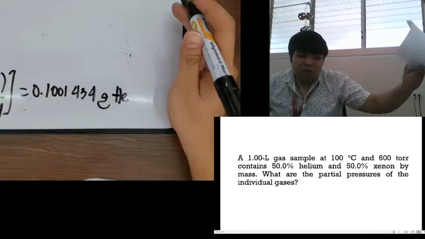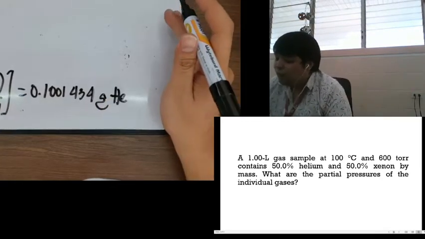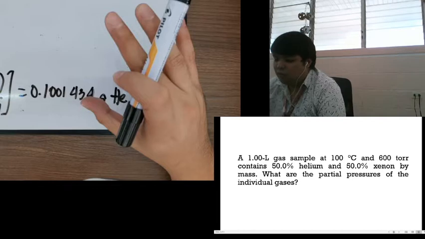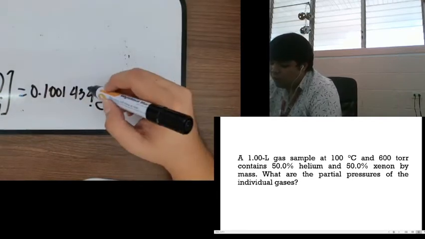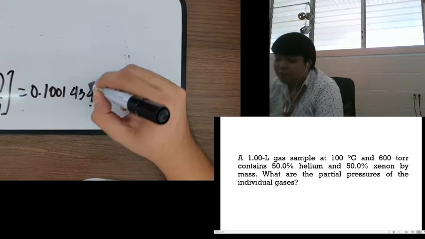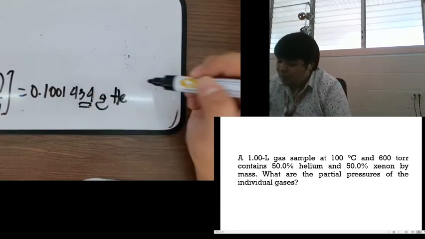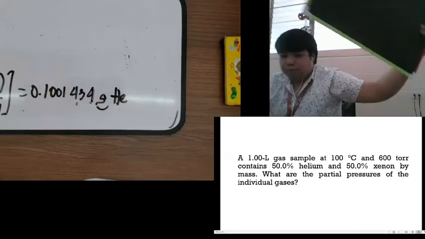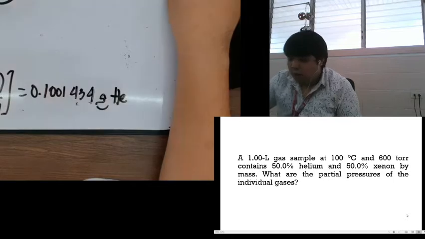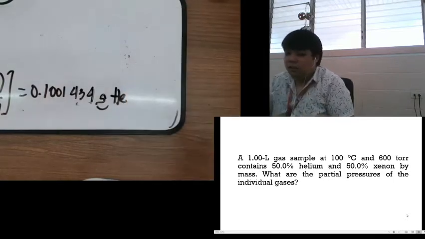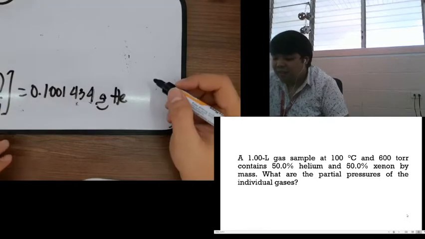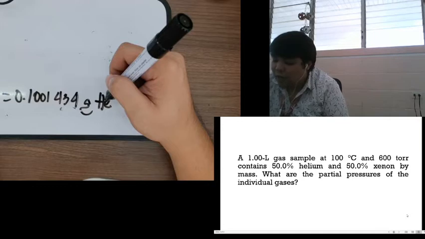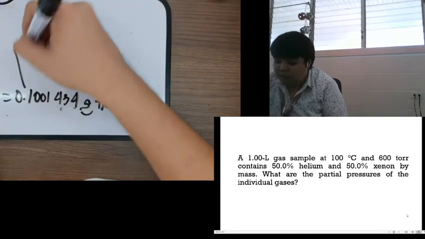In my original solution, I solved it directly, so there is only a slight difference, at most in the last two decimal places. Since we have shown earlier that helium and xenon have equal masses, this is also the value for the mass of xenon, right?